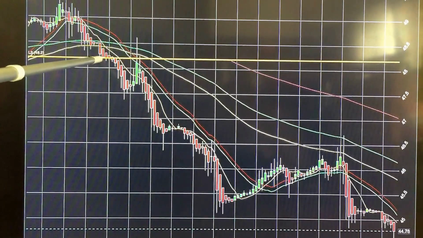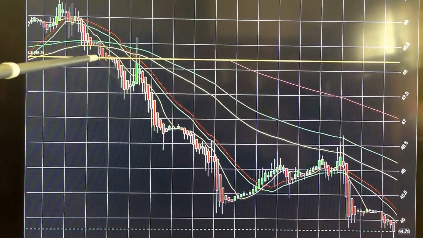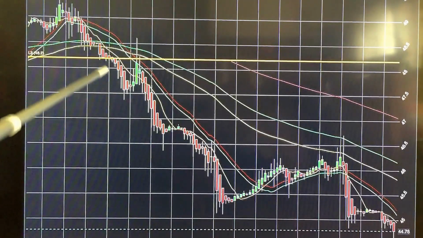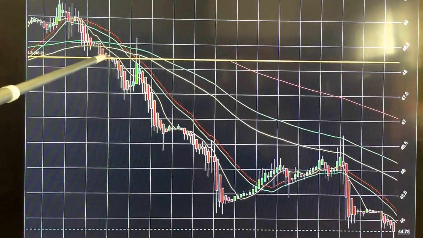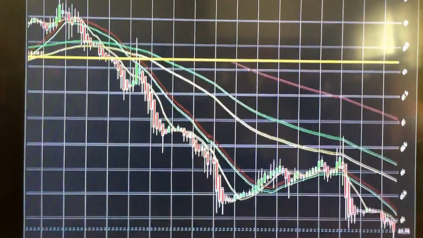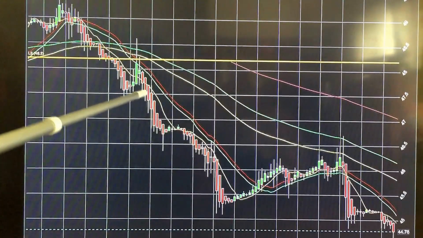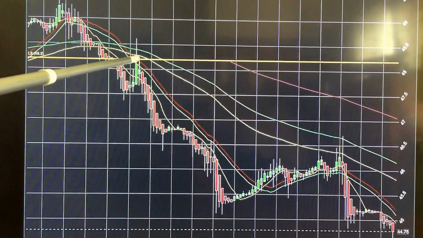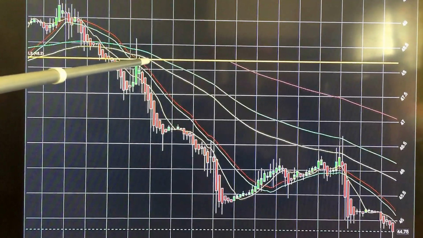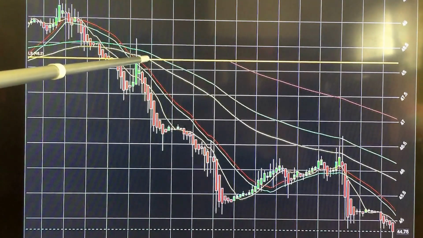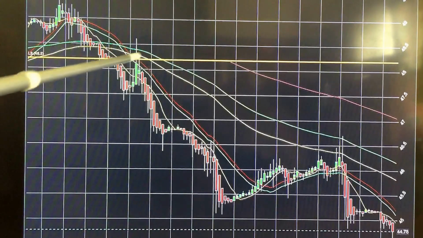Just place it on the shadow or on the body. You are still okay. This is the lowest low it ever made. So that is where you will take your profit for retracement, and this candle immediately goes to that retracement line, your profit taking line, and hits it, and you took your profit.